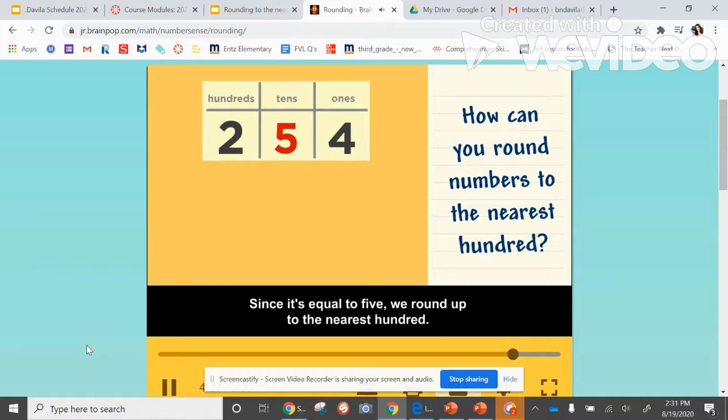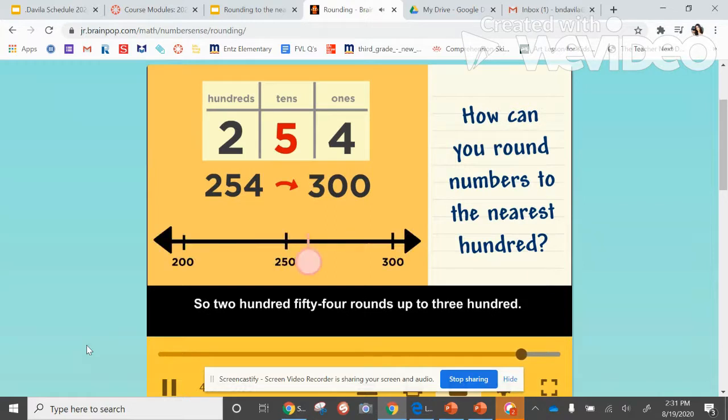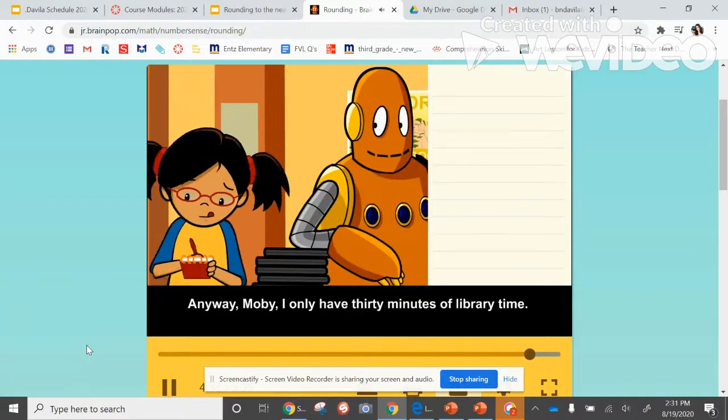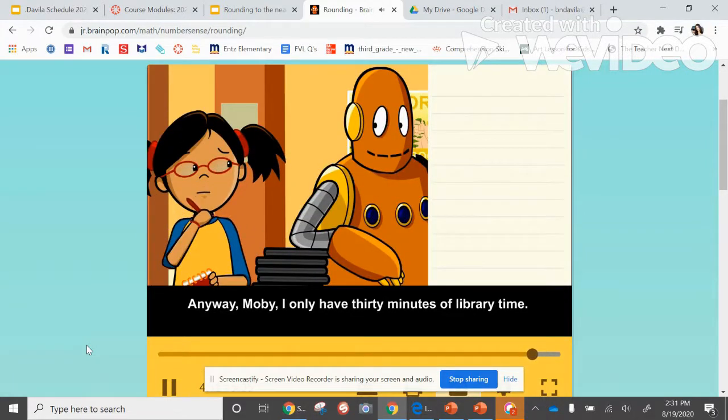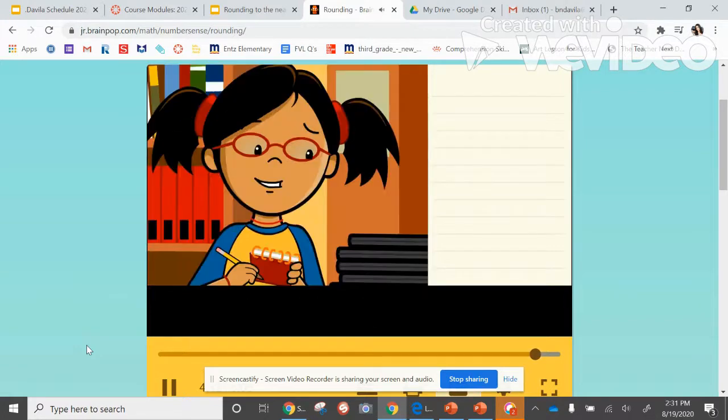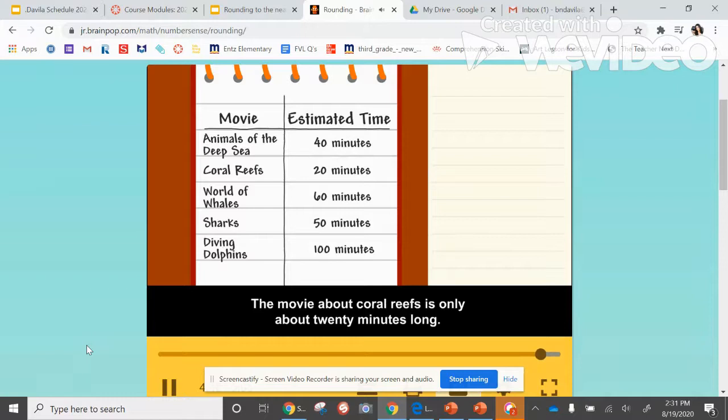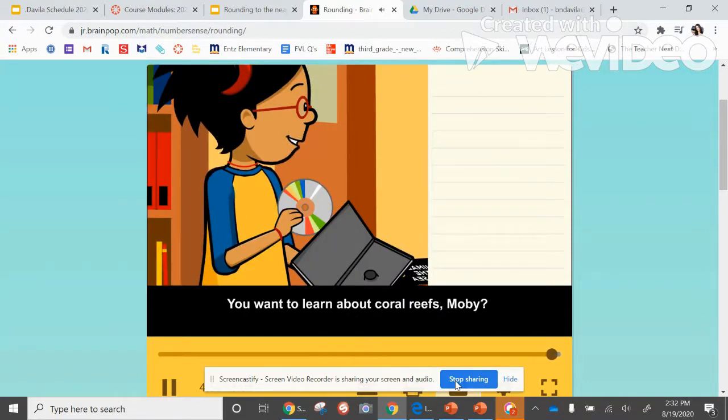Since it's equal to 5, we round up to the nearest 100. So 254 rounds up to 300. Anyway, Moby, I only have 30 minutes of library time. Which movie can I watch? The movie about coral reefs is only about 20 minutes long. So I can watch that one. You want to learn about coral reefs, Moby?